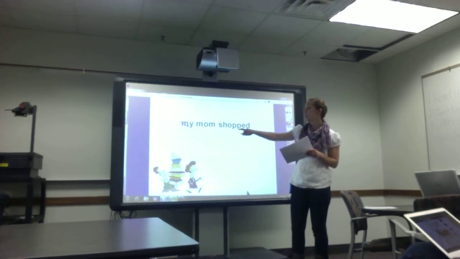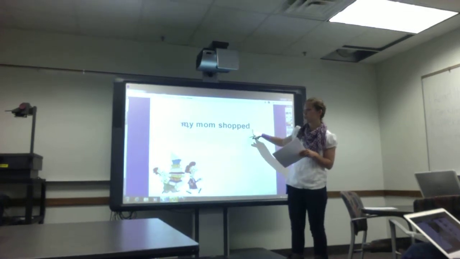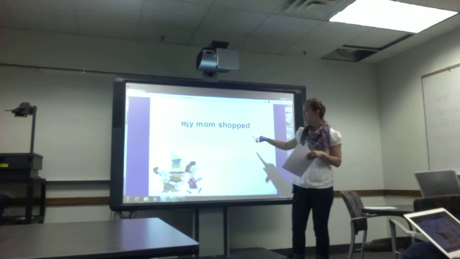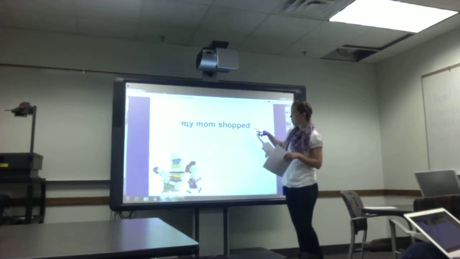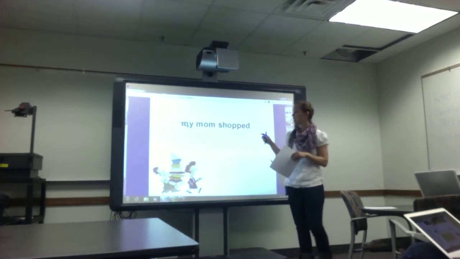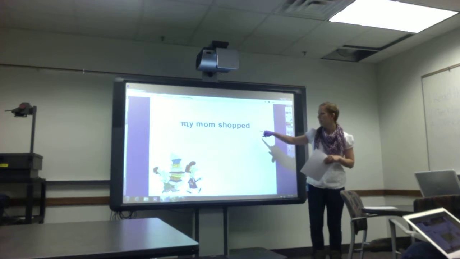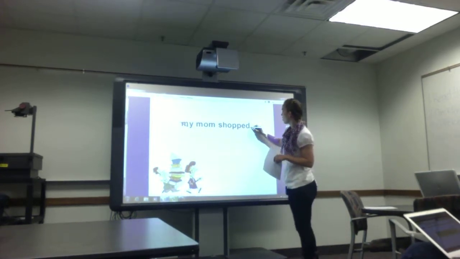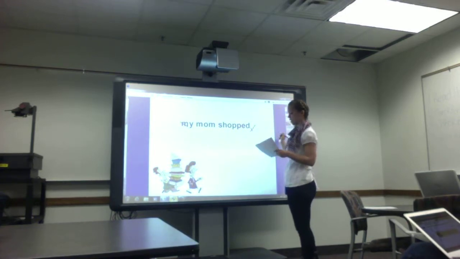The third step, I'm going to check end punctuation. What's the third step? Check end punctuation. So I look to see if there's a punctuation mark at the end of the sentence. If there is one and it's correct, I leave it. But if there isn't one, then I cross out where the punctuation mark would be. So I'm going to cross out right here.